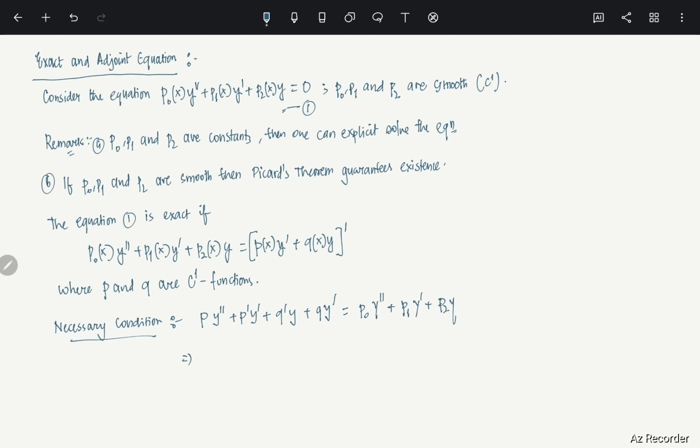Now you see, if you compute this thing, essentially what is happening is this.